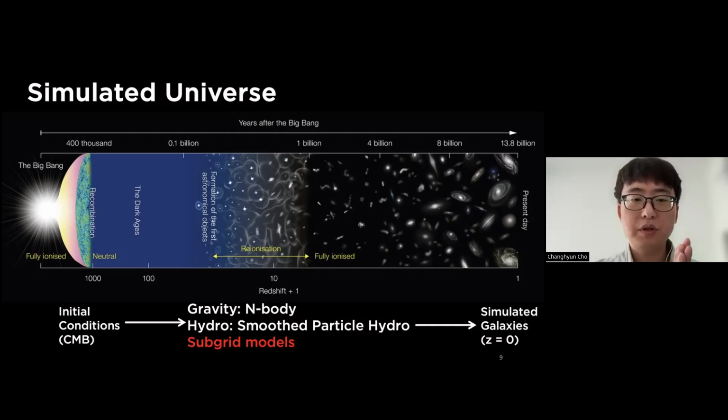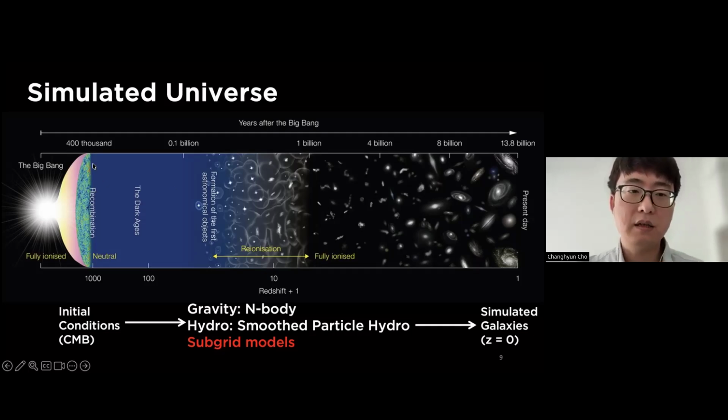So usually we get the initial condition information from the CMB. And then as long as our physics is correct, like gravity, which you already saw, and hydrodynamics, we need to put in another model called the subgrid models.